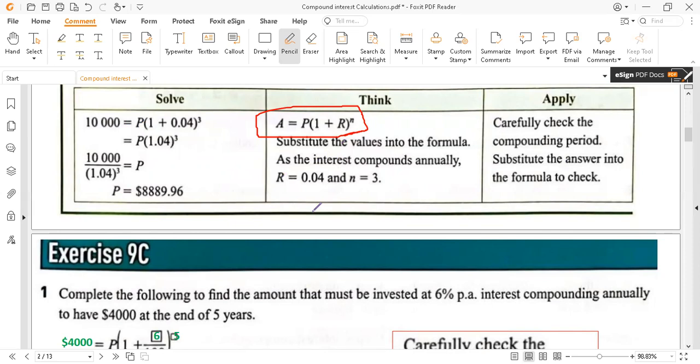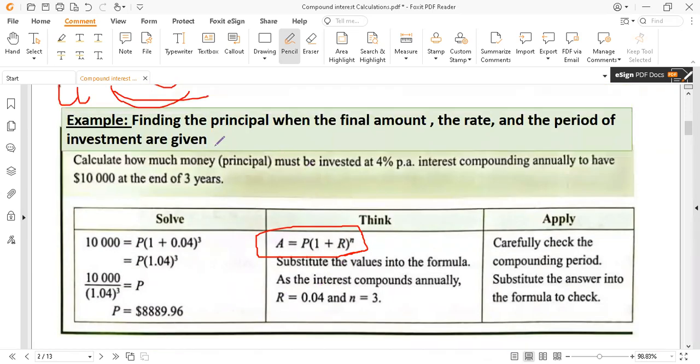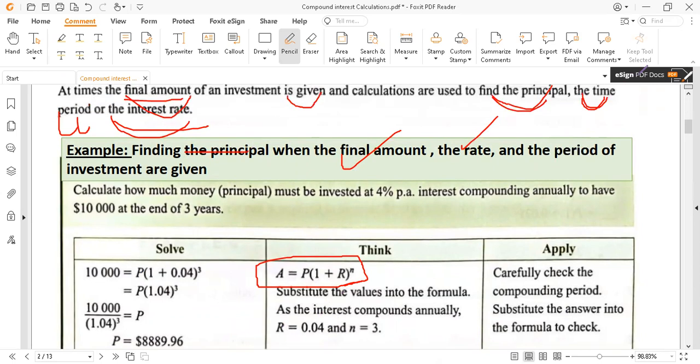For example, here we want to find the principal when the final amount, rate, and period of investment are given. We should be very careful about the units: per annum, years. So we are working on the safe side.